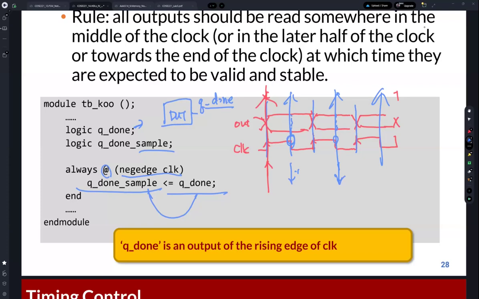This is because we need to sample the output value in the middle of a clock period, in the middle of the clock edges. That's why I use the negative edge. So on the negative edge of the clock, the output values are sampled. Okay.